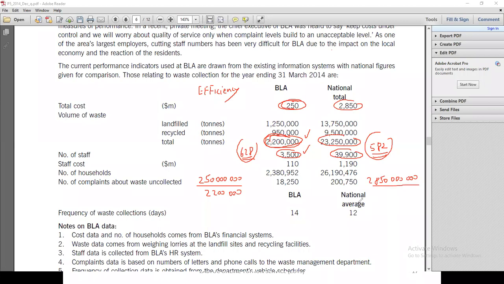Then you divide by 23. Please, let's find the cost per each ton. How many tons? The cost per each ton.